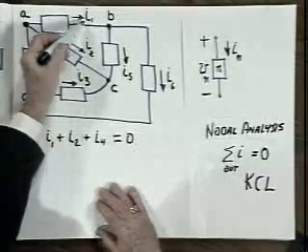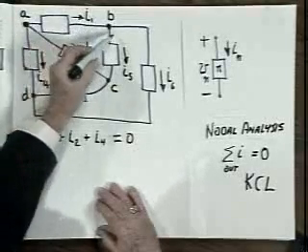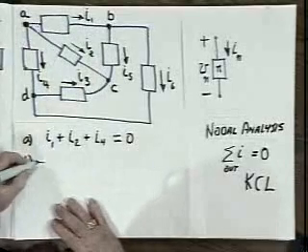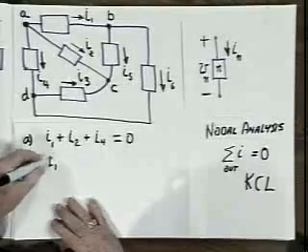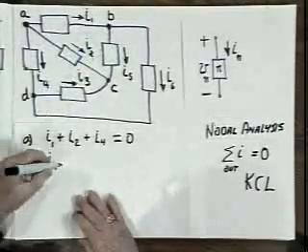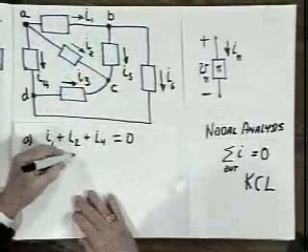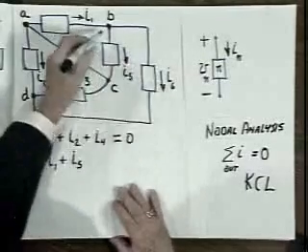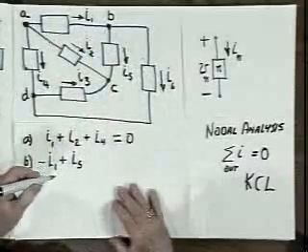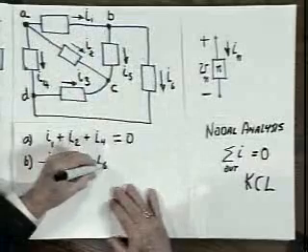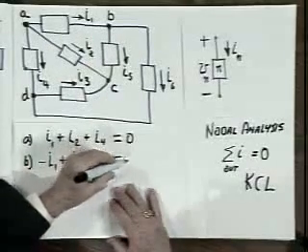I've defined I1 as positive into the node, so the current out associated with this element is minus I1. I5 is defined as out of the node, so it's plus I5. And I6 is defined as positive out of the node, so it's plus I6 equals 0.